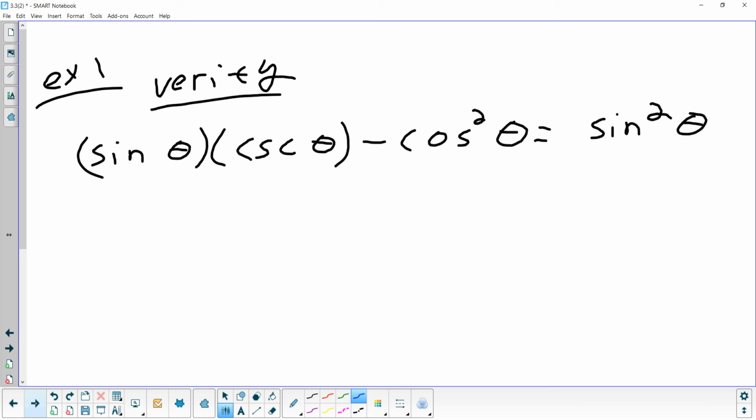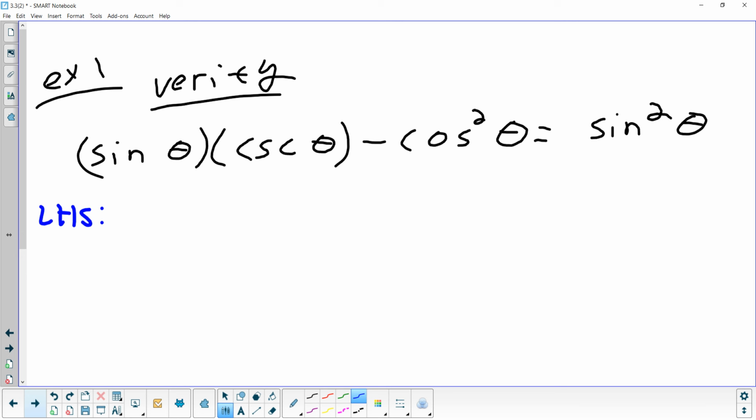Any thoughts about what we should try on the left-hand side first? That's what LHS is. We're going to work with the left-hand side. Even if you're not sure how that would help you, don't worry about how it's going to help you yet.